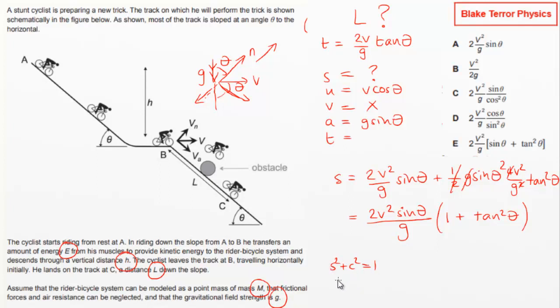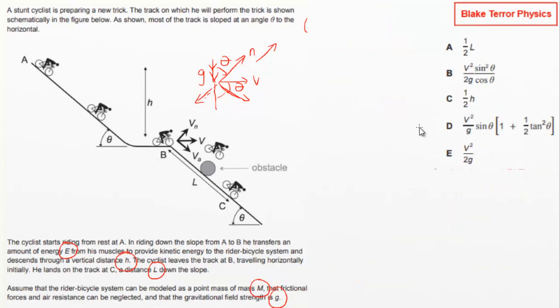Divide everything by cos squared, so we get tan squared plus 1 is 1 over cos squared, which is sec squared theta. So doing all of this, we got a sec squared for 1 plus tan squared, so that is going to be 2v squared sine theta over g cos squared theta, which hopefully is one of these, which is C. So you got your trig identity part of it filling in the gap on that one. All right, so moving along, I think that's probably the most difficult part we've had so far.